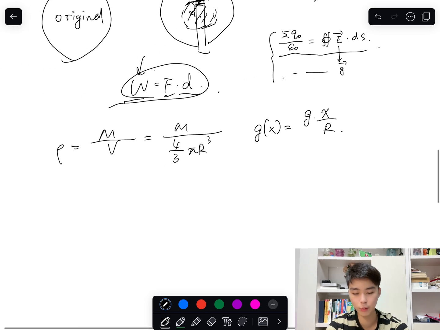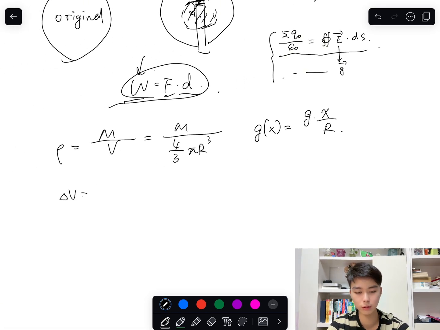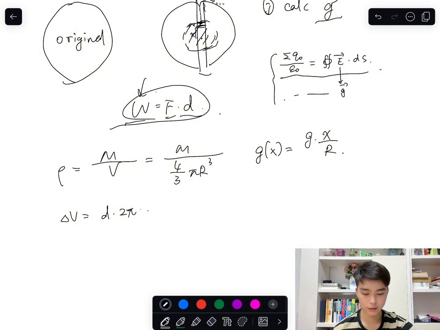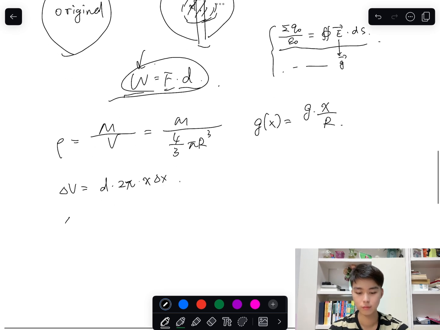Now we calculate this delta volume. It equals d times 2 pi x delta x, and we calculate the delta mass.